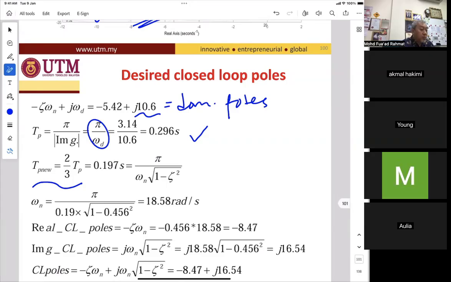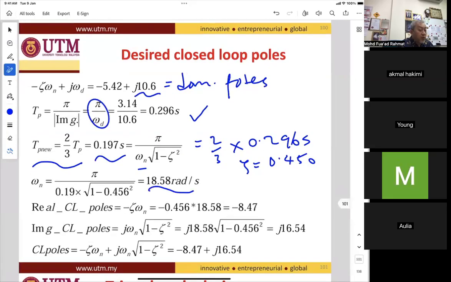So this one is 2/3 multiplied by 0.296 second. So you will get 0.197. And it is equal to pi over omega n square root 1 minus zeta square. So zeta we calculated just now is 0.456. So that you calculate the new omega n, okay, which is 18.54 radian per second.